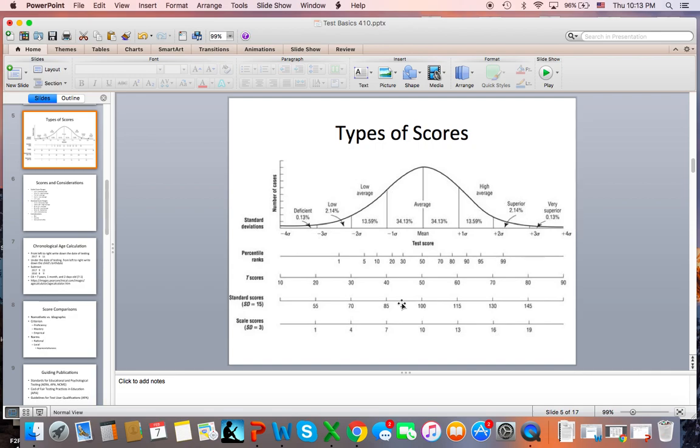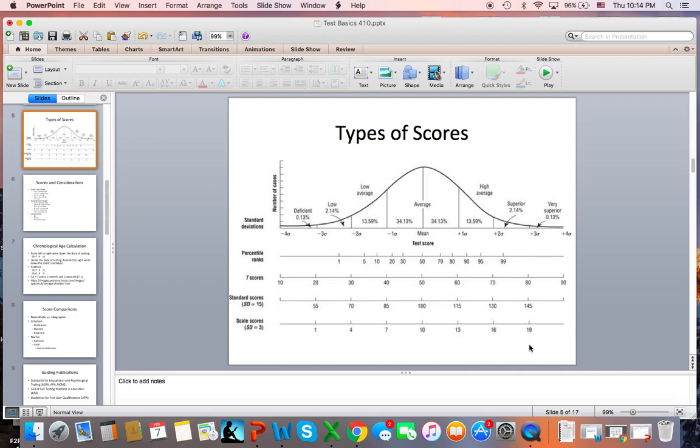Also, when we think interpretively, our average scores for scale score, right smack dab in the middle is a 10, and 7 to 13 you can think of as the straight average range. Between 4 and 7, you're generally going to interpret that as borderline to low average.